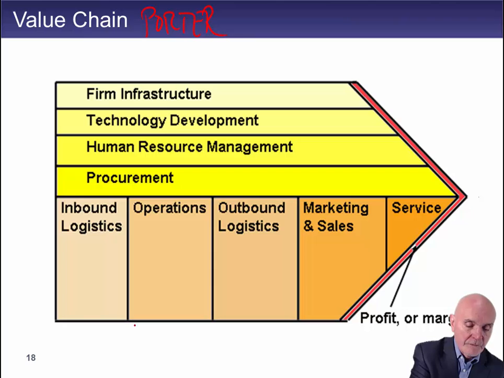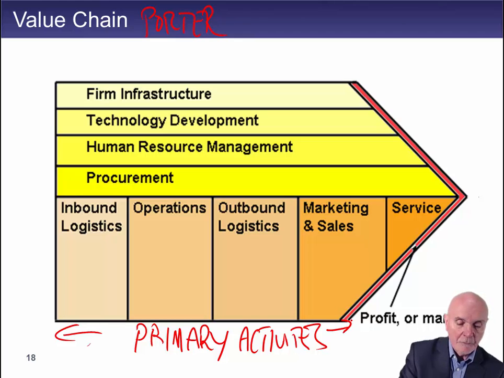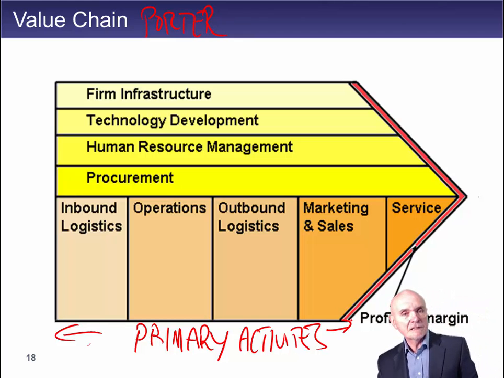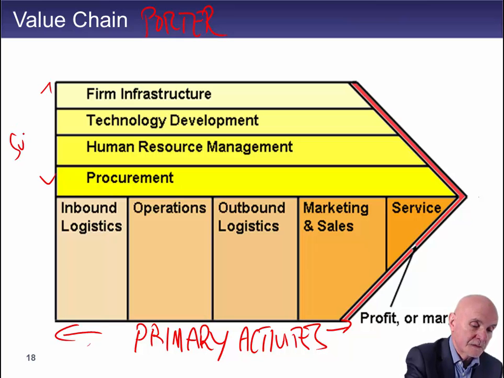What goes along the bottom here are what are called the primary activities, because what's really been sketched here are all the activities, or in a way all the processes, that an organization will take on board. I'll go through what they are in a moment. And across the top we have what are called the support activities.